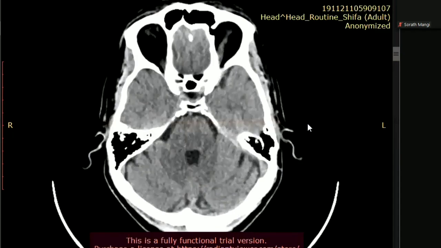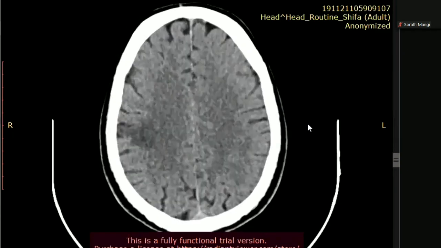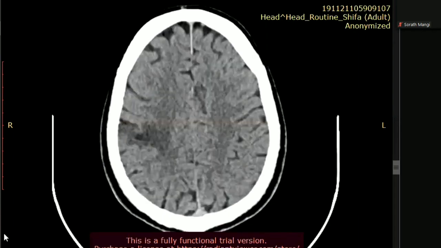Ma'am, please can you scroll back again? And there is no midline shift or any other significant mass effect in the brain parenchyma, and there is no surrounding pathology, so my topmost differential would be ischemic infarct.